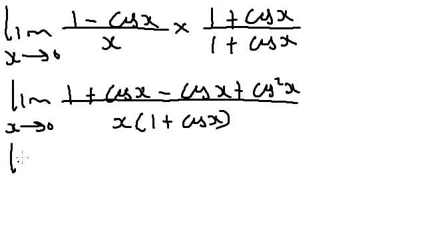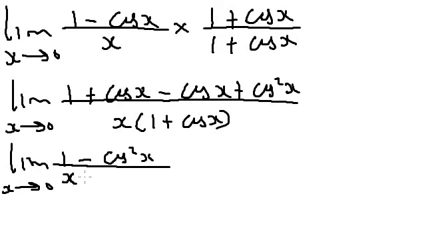Now simplifying this further, we have the limit as x approaches 0 of 1. Notice that positive cos x will get rid of negative cos x, and what is left over will just be 1 minus cosine squared x, all divided by x multiplied by 1 plus cos x.